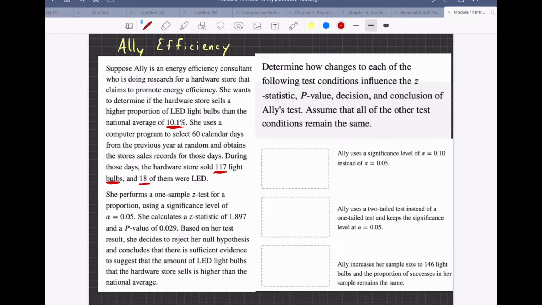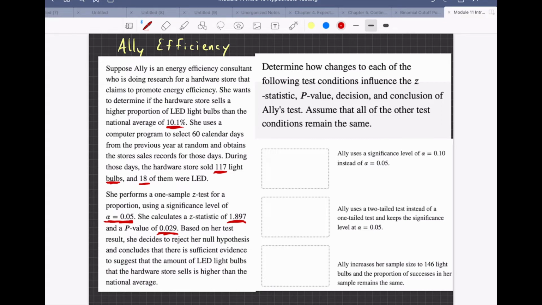She performs a one sample C-test for a proportion. Using a significance level of 0.05, she calculates a statistic of 1.897, very well, and a p-value of 0.029. Based on her test result, she decides to reject her null hypothesis.